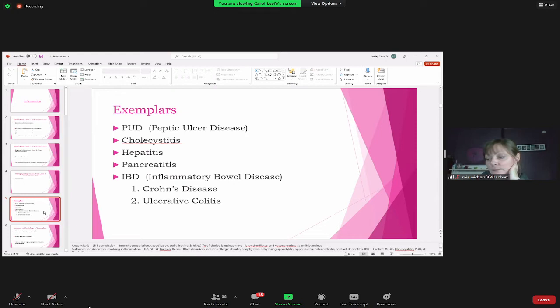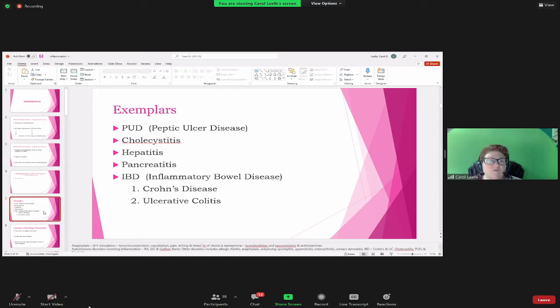So for peptic ulcer disease, if the ulcer perforates the stomach, they can end up with peritonitis. All that stomach contents that is not sterile leaks into the peritoneal cavity, and that is sterile, and turns into a very messy infective process.